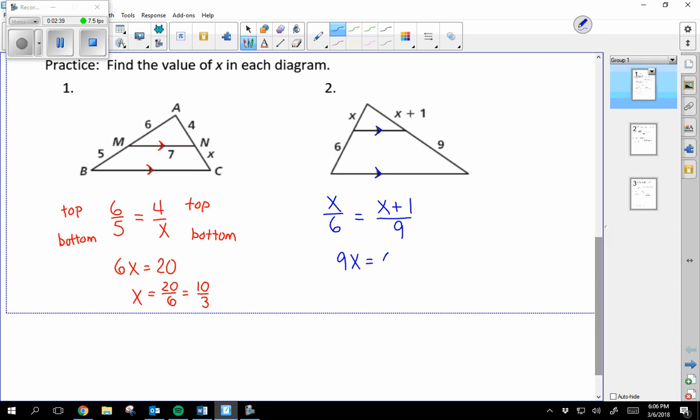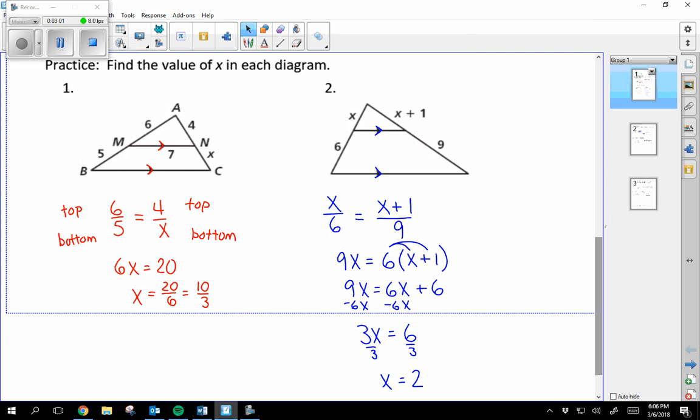Be real careful, this 6 is going to have to be distributed to the binomial. So we'll have 9x equals 6x plus 6. When I subtract the 6x, I'll have 3x equals 6. And when I divide by 3, I get x to equal 2. That's the side splitter theorem.